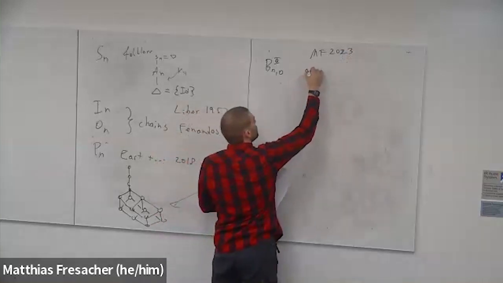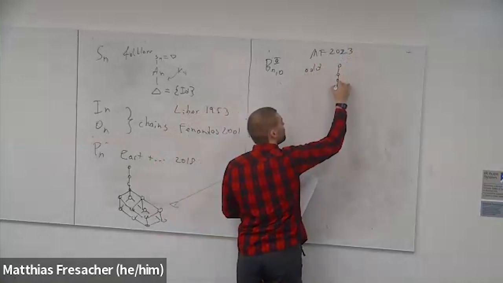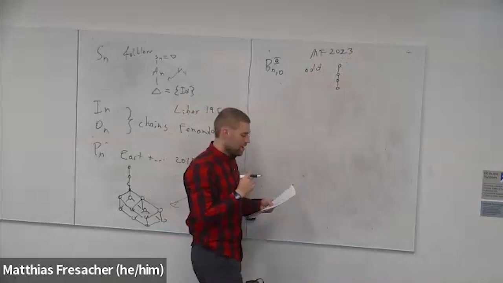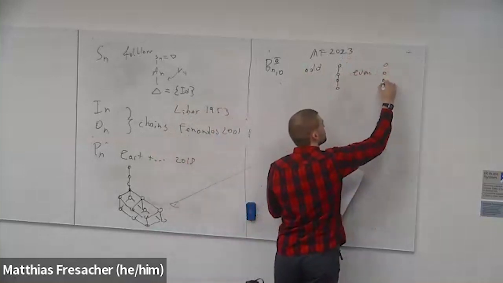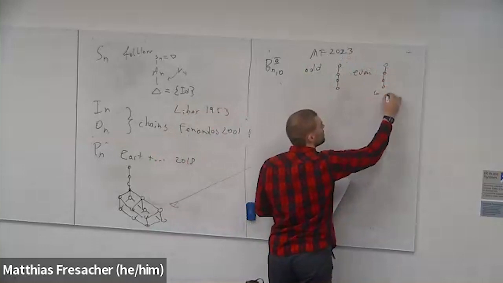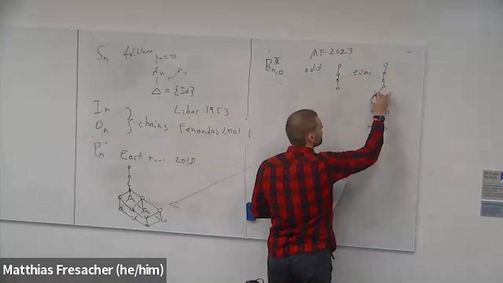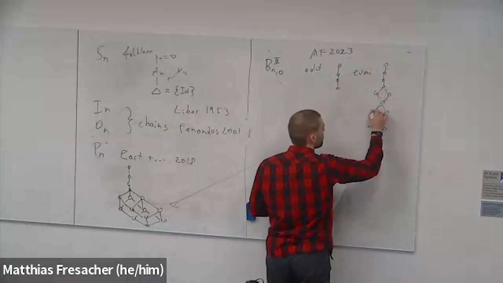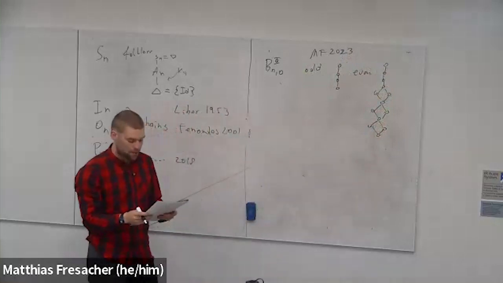So in the odd case, we again just have a chain, and in the even case, we again get a chain at the top, and then we get 3 diamonds at the bottom. So that's the zero twisted Brauer monoid.